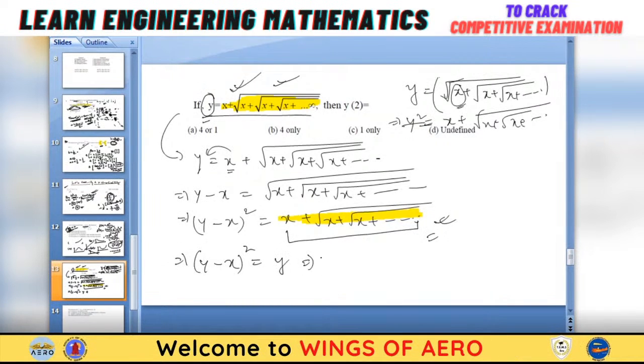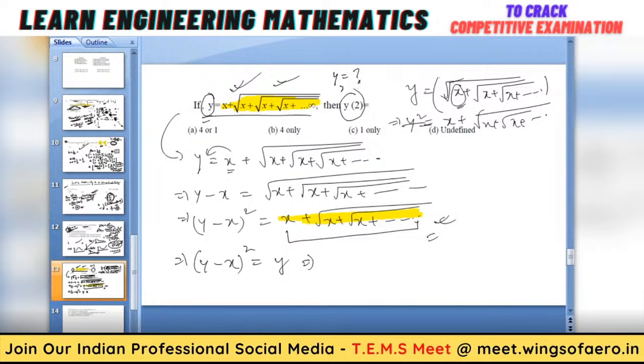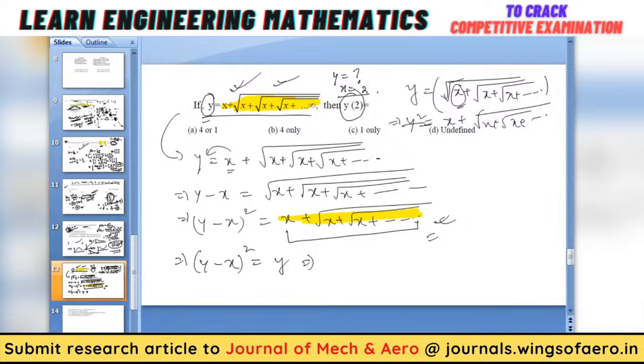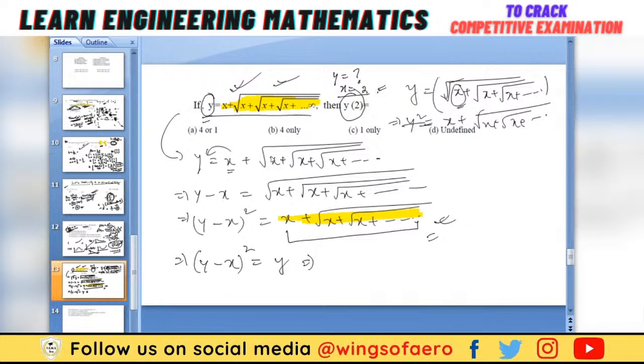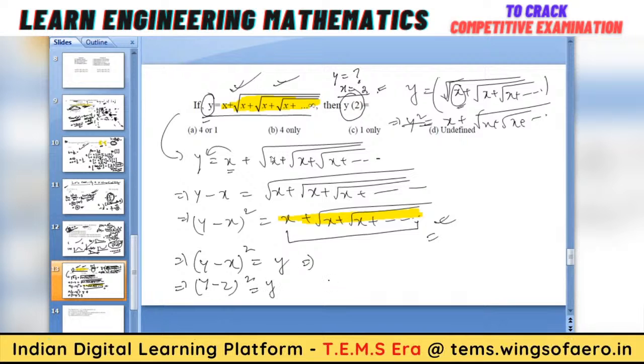Now simply solve it. Before solving, what is the requirement? Look at this question. The question is y(2). y(2) means the value of y when x is equal to 2. Remember, y within bracket 2 means the value of y when the value of x is equal to 2. So simply put the value of x as 2: (y minus 2) whole square is equal to y.